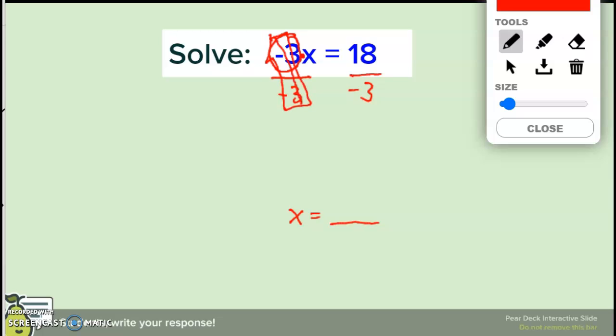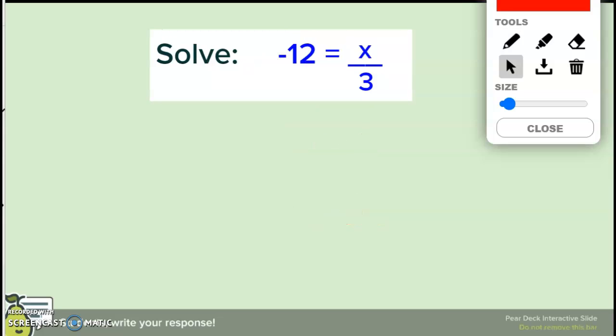You are just left with 1x on the left hand side, which is equal to 18 divided by -3. 18 divided by 3 is 6. A positive number divided by a negative number is negative. So you have 1x is equal to -6, but 1 times x is the same as x, so we can just write x is -6 here.